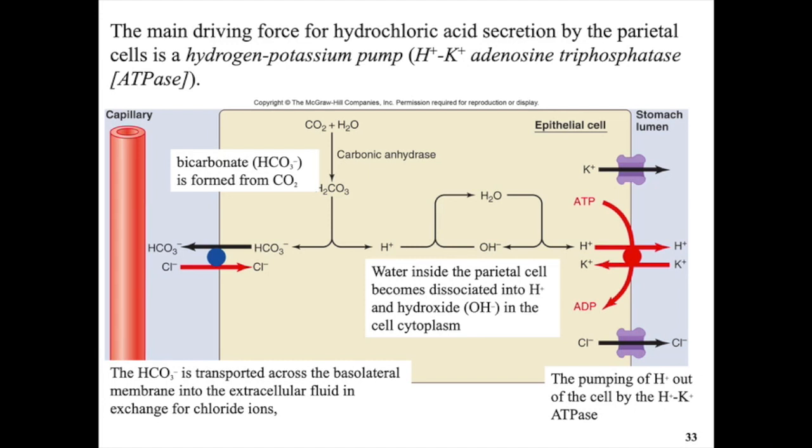Note that for every molecule of hydrochloric acid we are sending into the lumen of the stomach, on the other end, on the basal aspect of the cell, we're actually sending one molecule of bicarbonate into the blood. This is important, but we are not going to fully explore all these components.